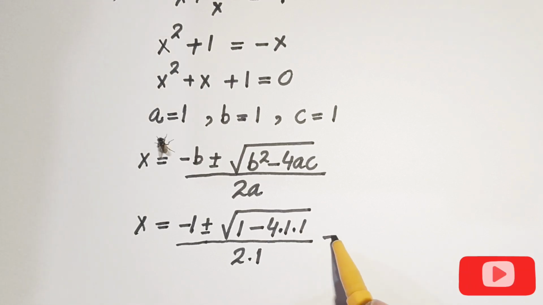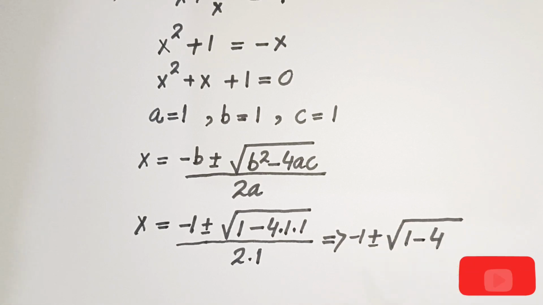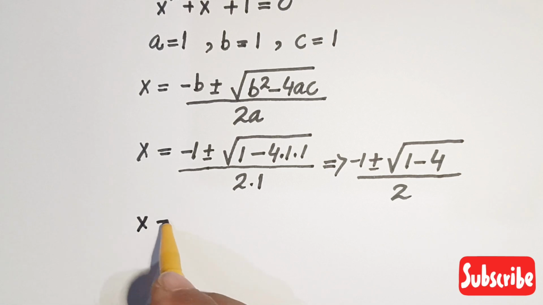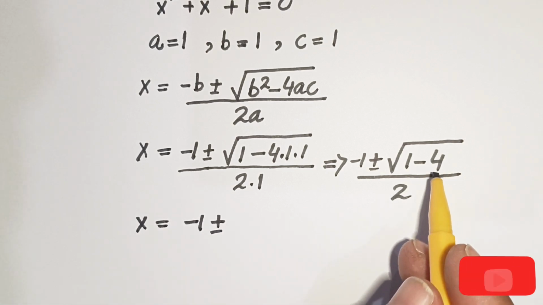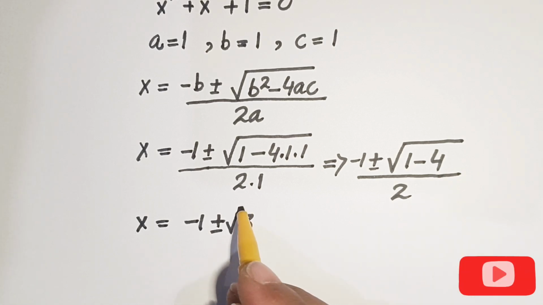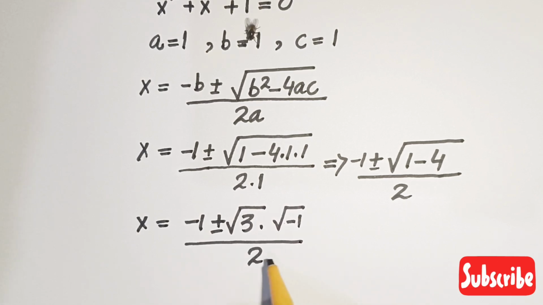So our next step is minus 1 plus minus square root of 1 minus 4, all over 2 times 1, which is 2. Then x is equal to minus 1 plus minus square root of 1 minus 4, which is minus 3. So square root of minus 3 can also be written as square root of 3 times square root of minus 1, all over 2.